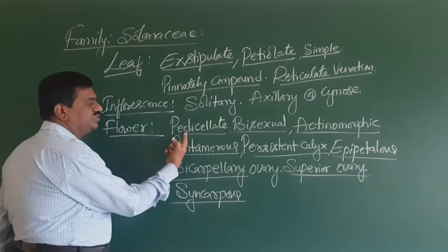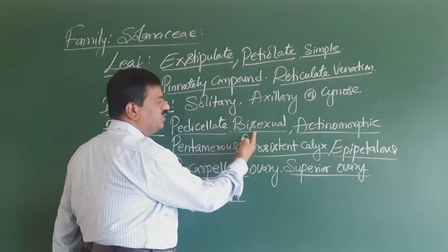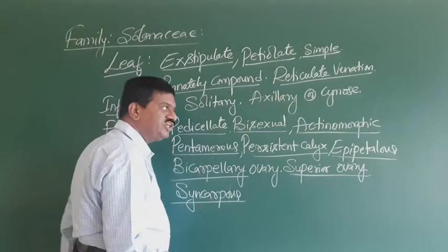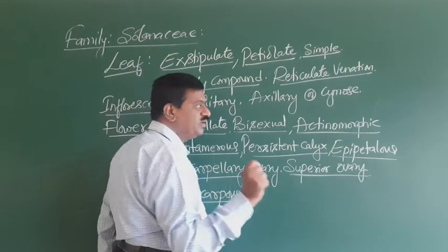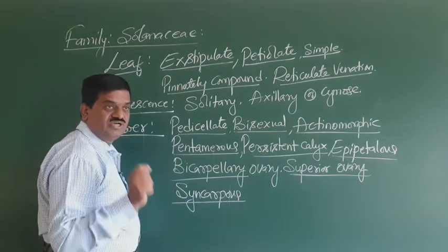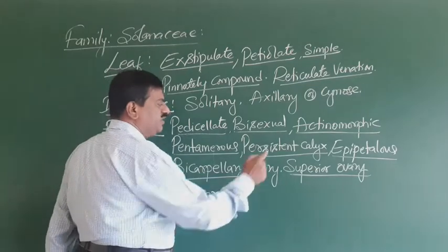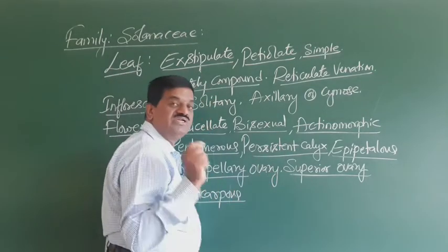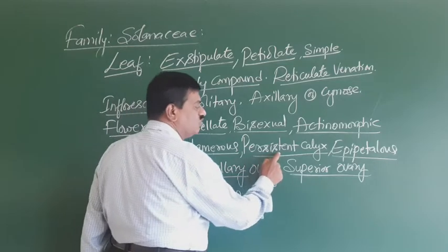I will repeat this. The stalk is present, called pedicellate. Both the sexes are present, hence we use the word bisexual. Here it is a radial symmetry, equal halves are present, hence it is called actinomorphic. Pentamerous: 5 sepals or 5 petals are present. Persistent calyx: the calyx is present till the fruit development.